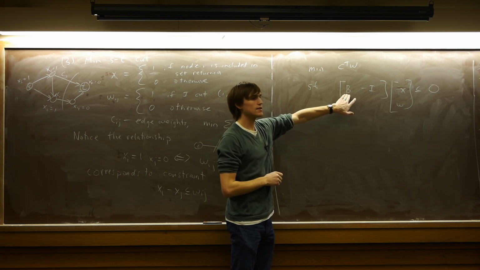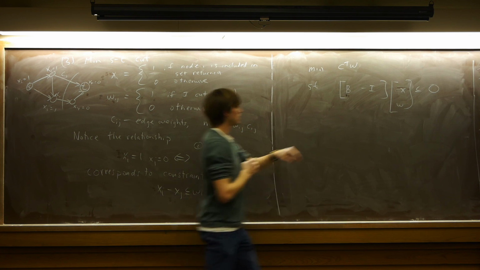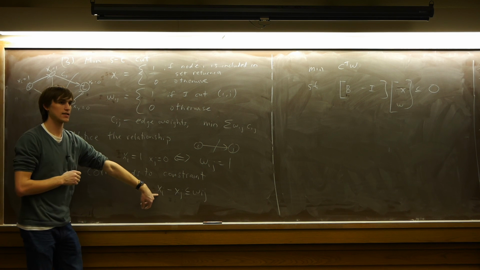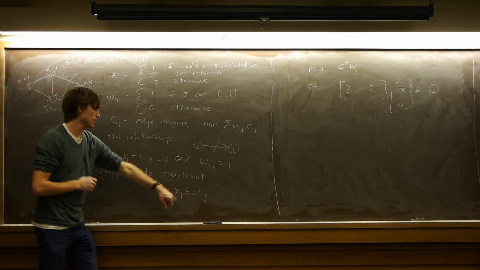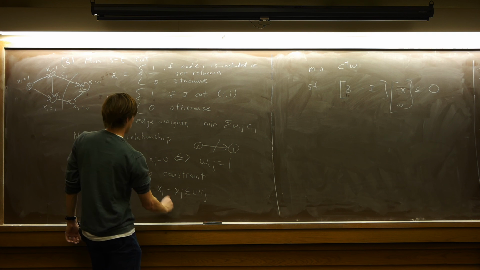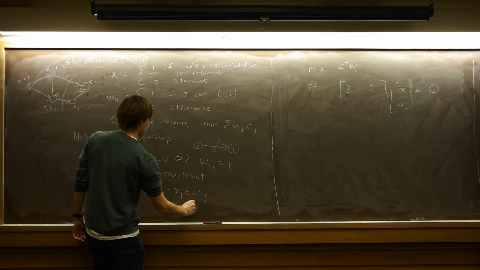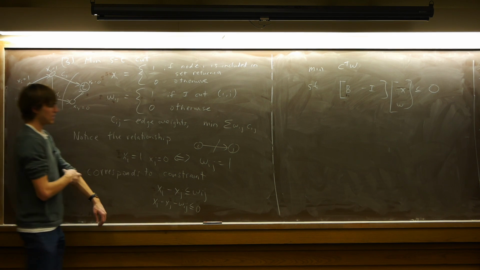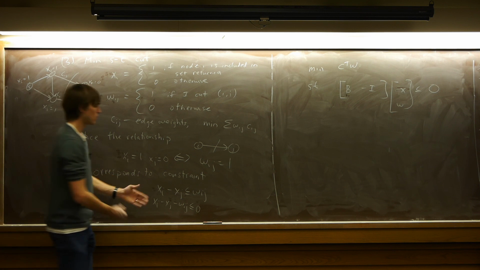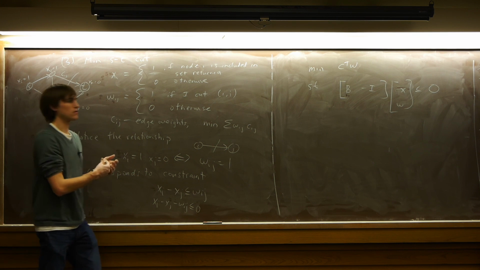The incidence matrix comes from this plus xi minus xj, and then if you move the wij to the other side, xi minus xj minus wij is less than or equal to 0, and you put all of those constraints together, this is the form it takes.